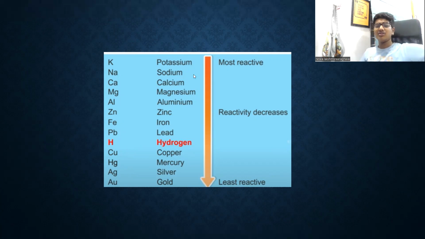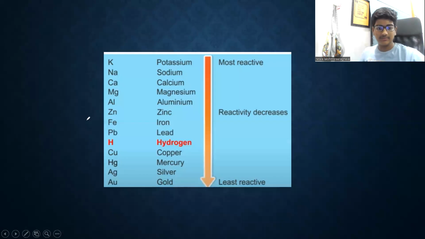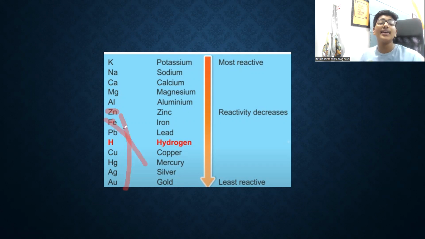Yeah, here. So if I take zinc, iron, and below zinc, no reaction, no metal can displace it. Only aluminum, magnesium, calcium, sodium, and potassium can replace it from its salt solution.